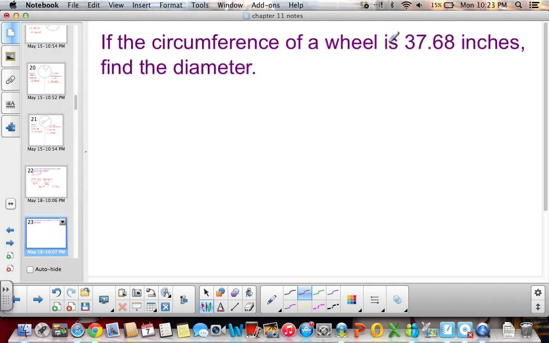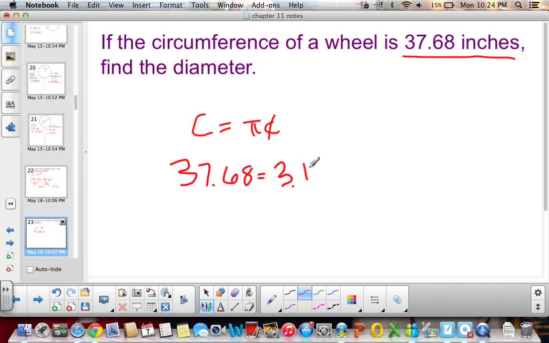If the circumference of a wheel is 37.68 inches, find the diameter. So C equals pi times D, and then I can put in 37.68 equals 3.14 times diameter, and then I can divide both sides by 3.14 to get D alone.